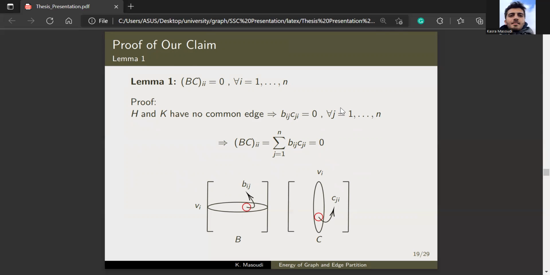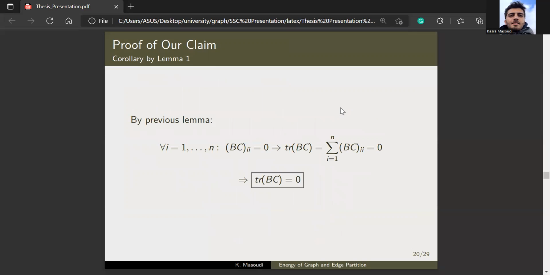And I think this lemma can also be used in solving other problems about edge partitions. An immediate result is that the summation of all diagonal entries of BC, which is defined as the trace of BC, is equal to 0.